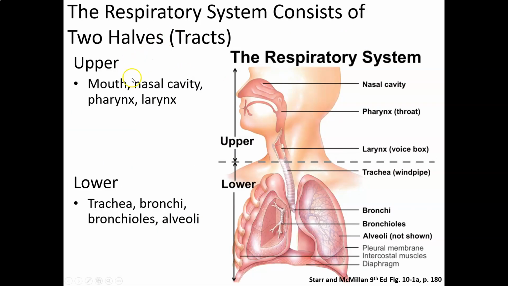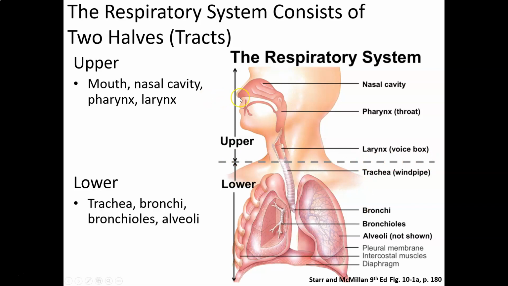So functionally, we can look at the respiratory system and divide it up into two very distinct areas. There's different ways to do it. Oftentimes, anatomically, we divide it up into an upper and lower respiratory system. So if you see right here, you have the dashed line that tells you right where the trachea is. Below that is the lower respiratory system, and above that is the upper respiratory system.